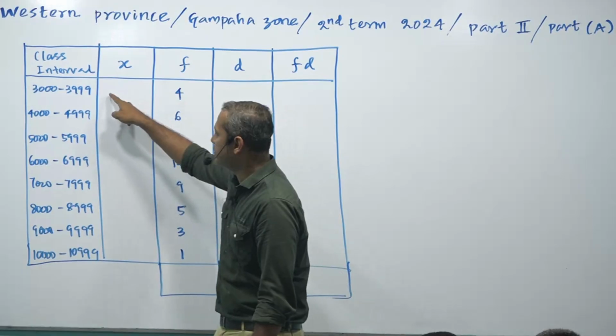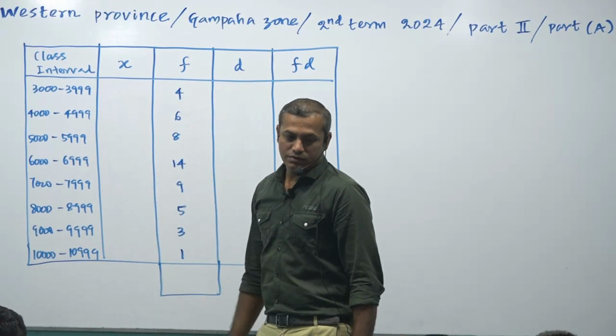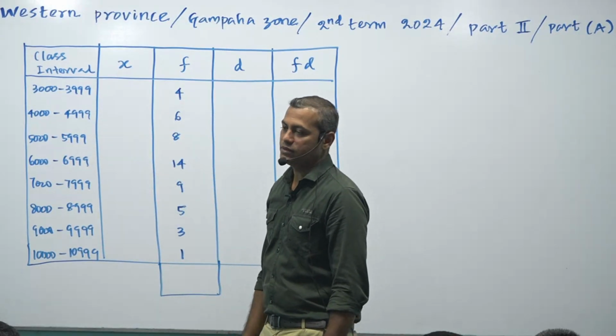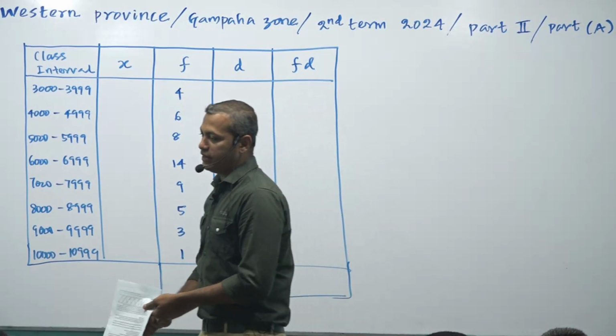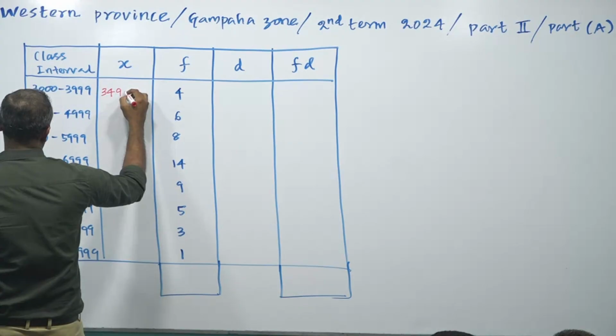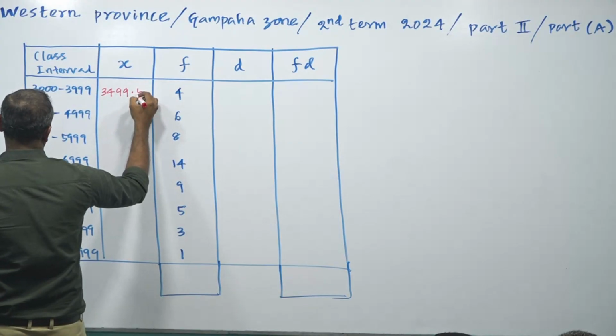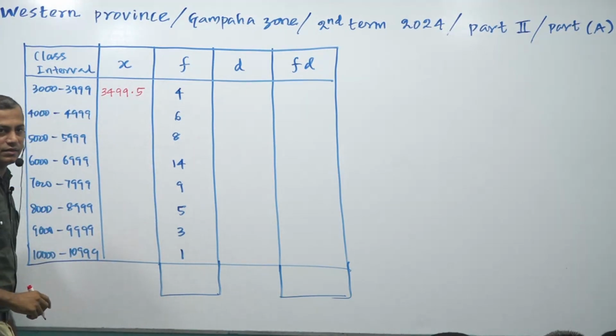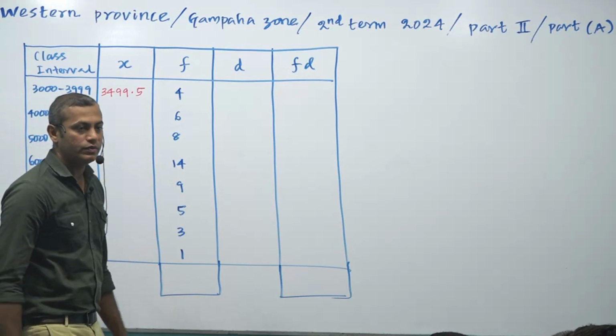So what is the midpoint of this? 3,499.5, I got this answer. How to find the mid value?